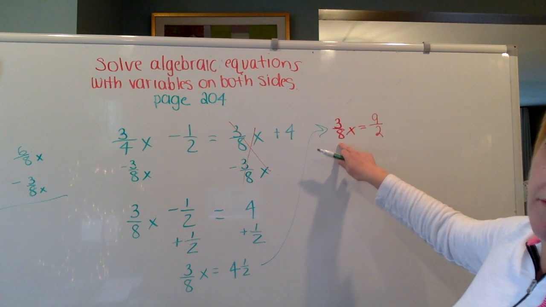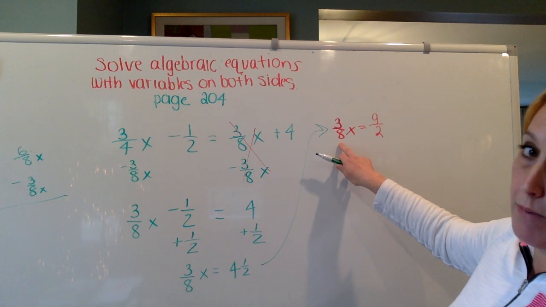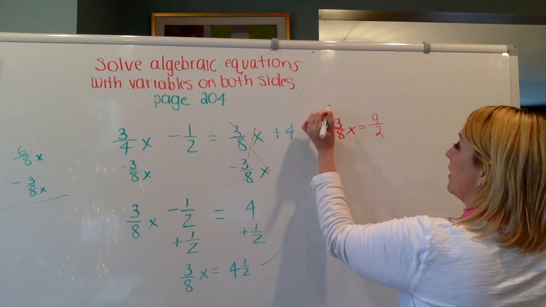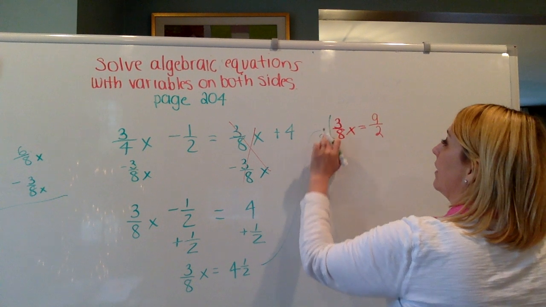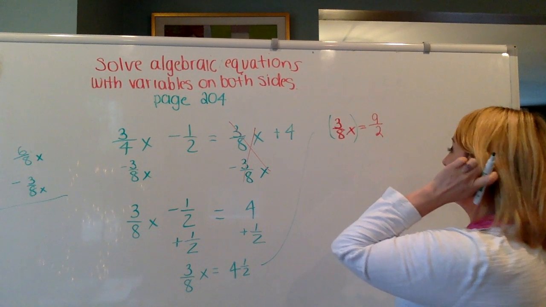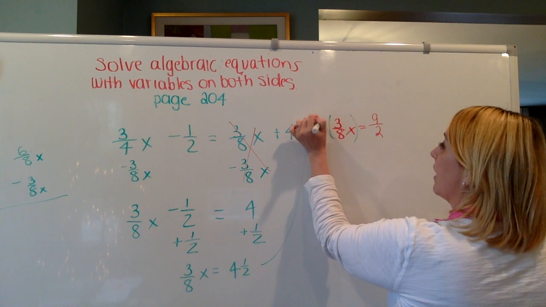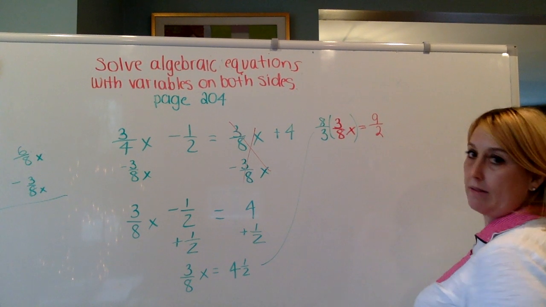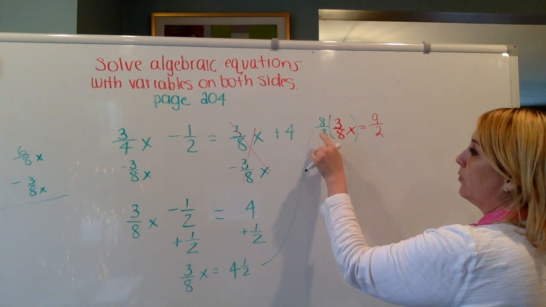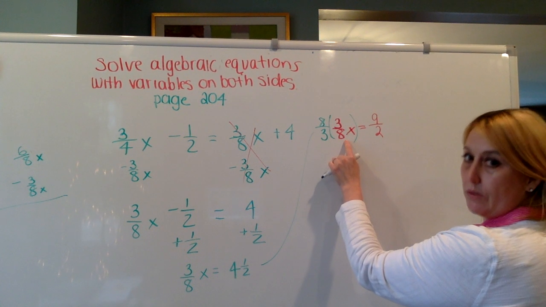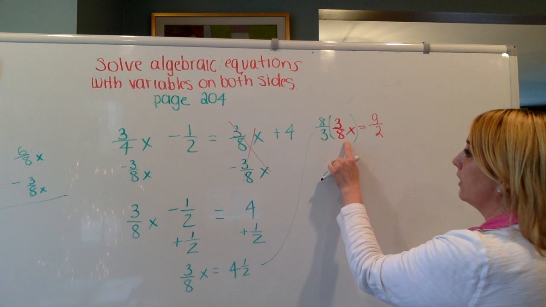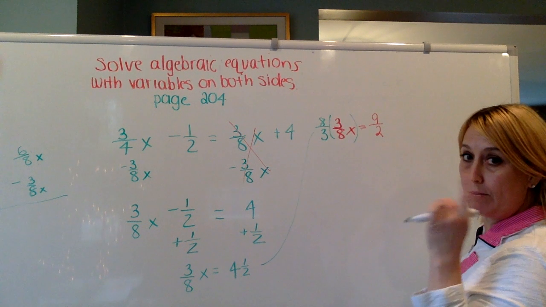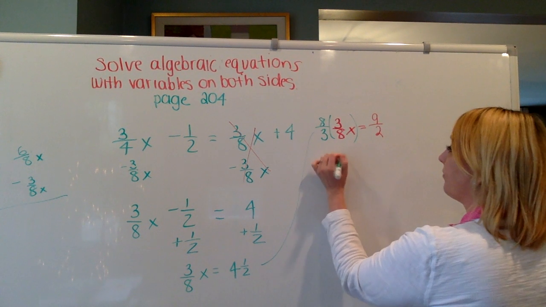So I need to divide by it. But dividing is the same as multiplying by the inverse, the reciprocal. So I have 8/3, right? That's the reciprocal of 3/8 because 8 times 3 is 24. 3 times 8 is 24. So 24/24 is equal to 1. So I'm multiplying 3/8 by its reciprocal because I'm trying to get it down to 1.